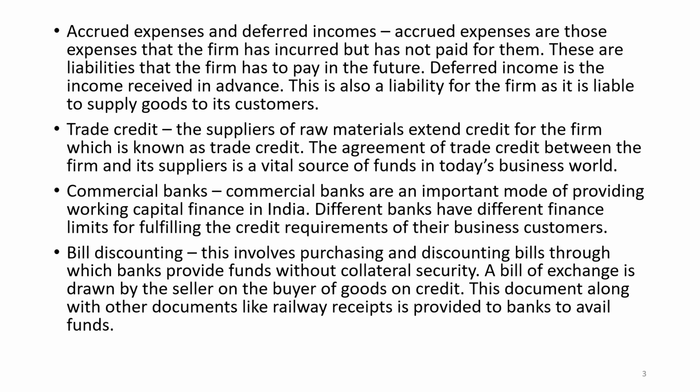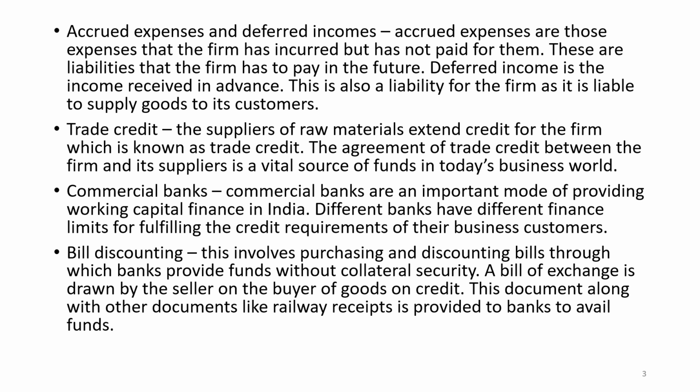When you take a loan, will you just get a loan like that from the bank? No. You need to show property documents or some house document, and that is known as collateral security. So here in bill discounting, the bank is giving the funds to the customer without collateral security.